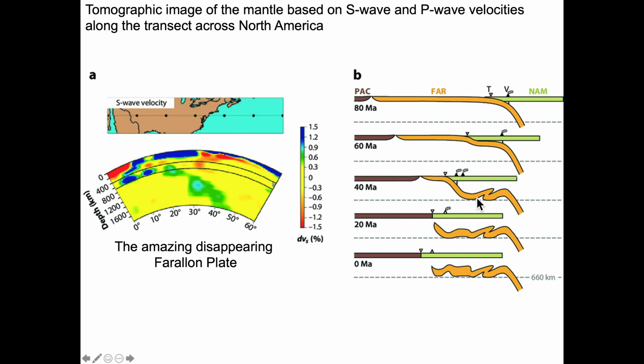This material is more susceptible to deformation without rupture. And we see by about 20 million years ago, this plate has been detached. And in the modern world, we don't see evidence for this plate at the surface in this region. So this is the consumption of the Farallon Plate that we're observing here.